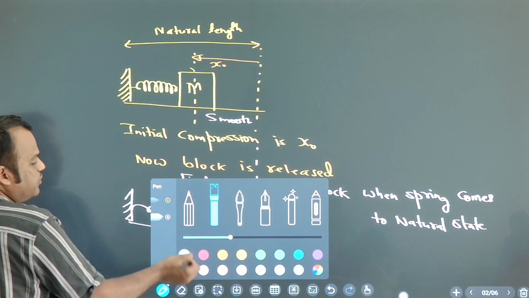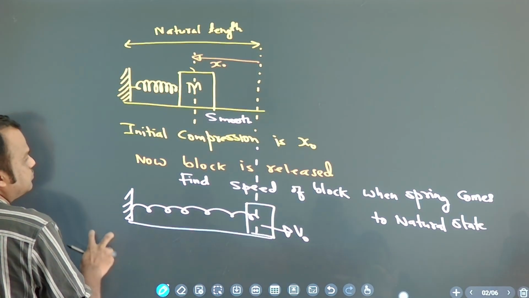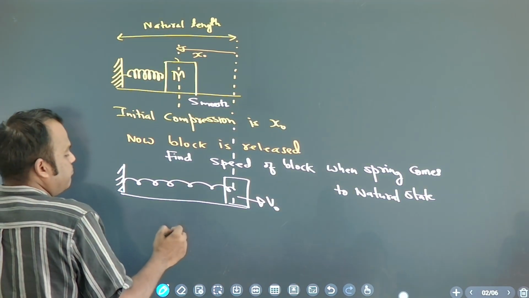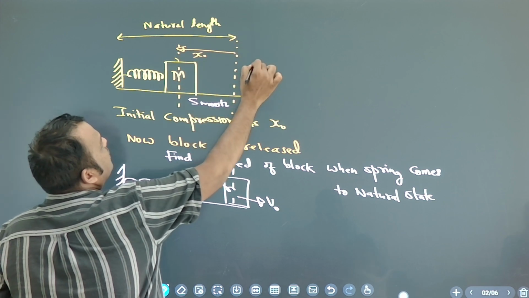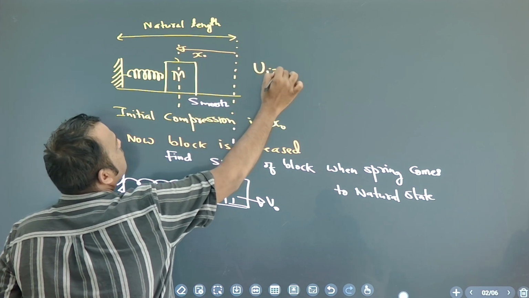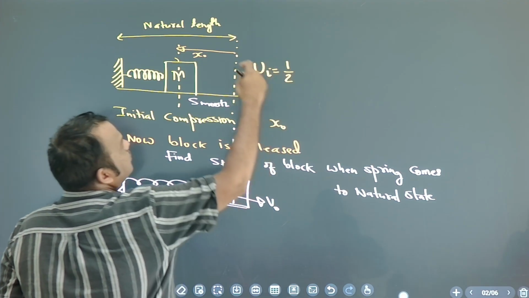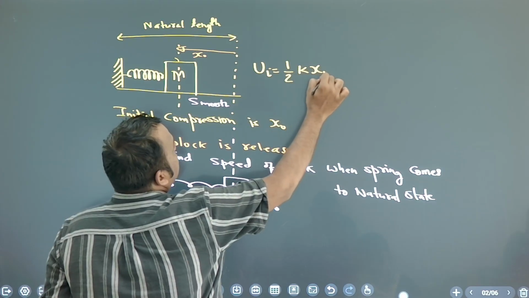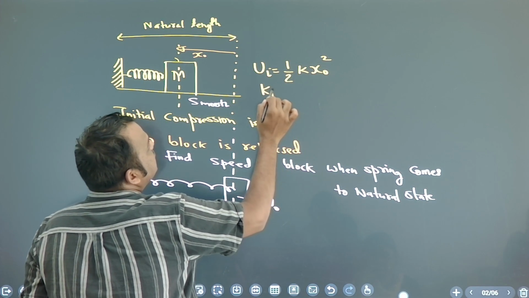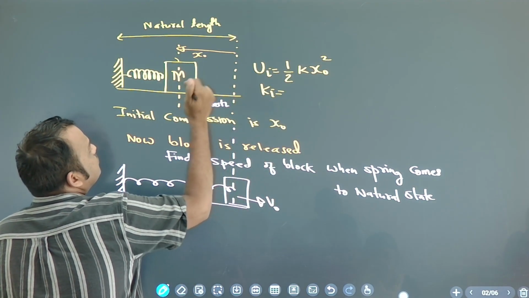So you can use mechanical energy conservation. So in this position, what is the potential energy? U initial, now spring, use the formula for spring: half k x naught square. What is kinetic energy? It is at rest.